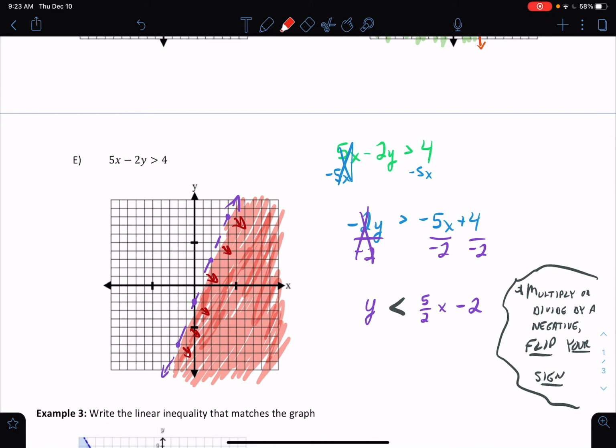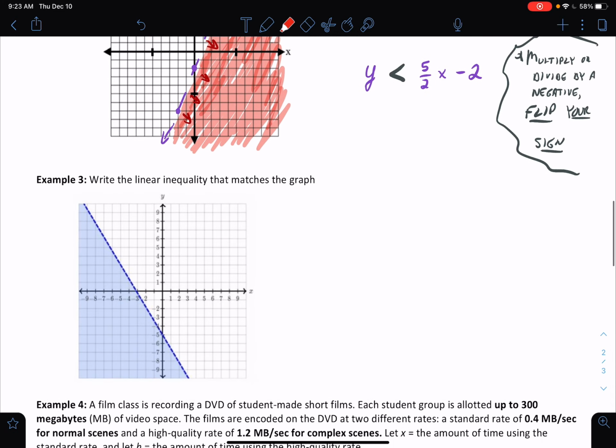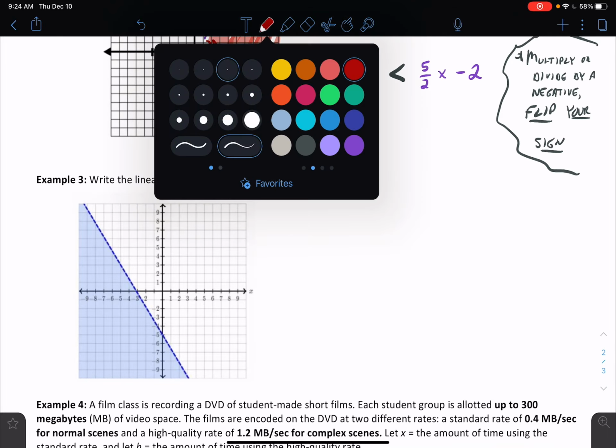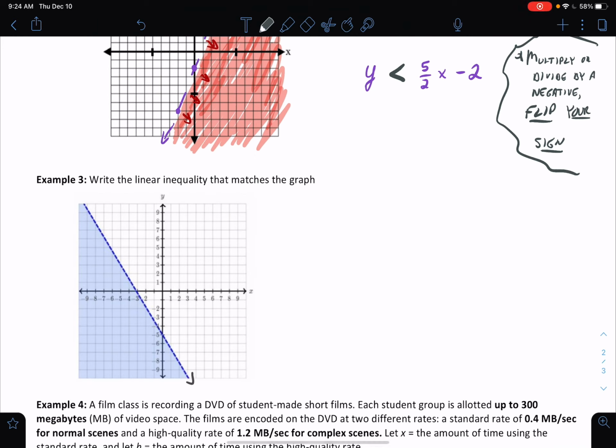So, moving on, we're not necessarily going to graph in this one, but we're going to write the inequality that matches this graph. So, there's a couple things you need to remember. First, there should be arrows here because this is going on forever. So we got y, and then we need to fill in our inequality symbol, our slope, and our y-intercept.